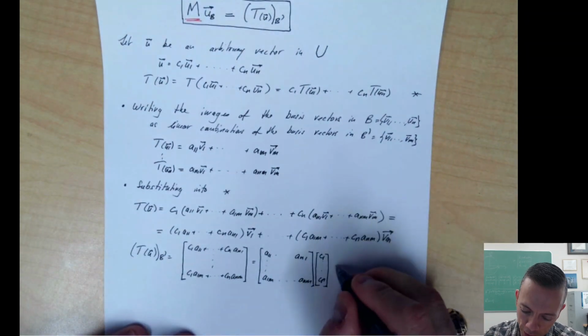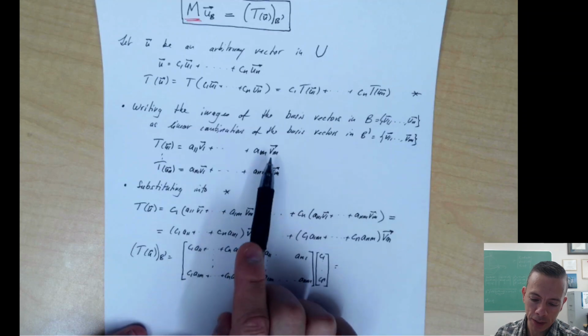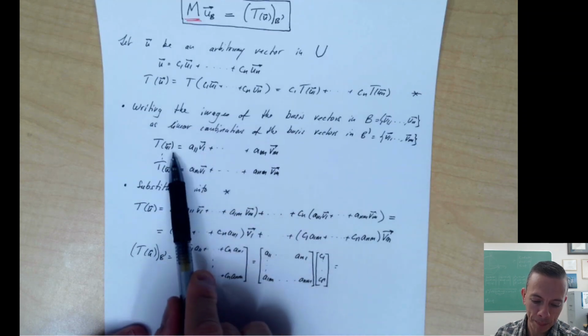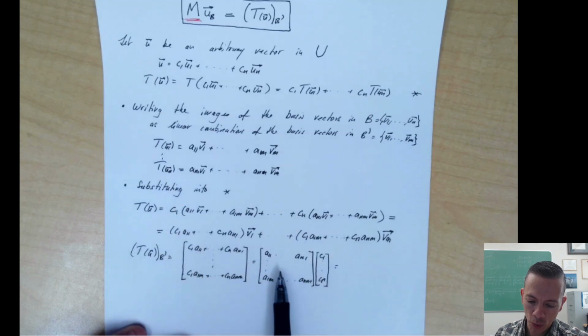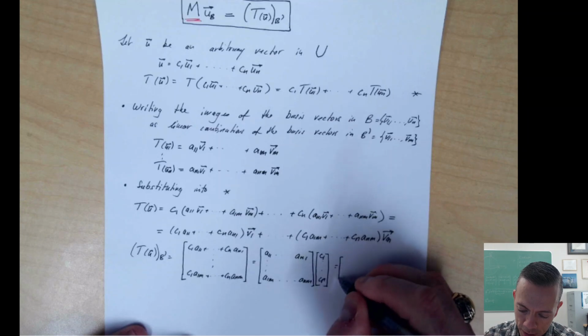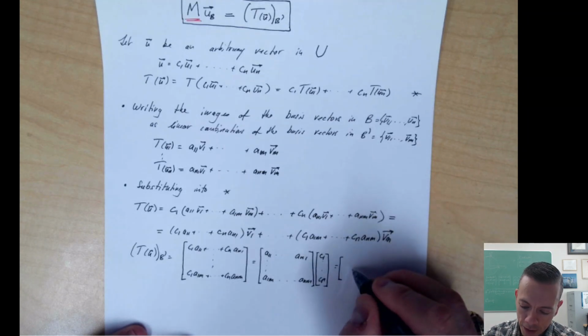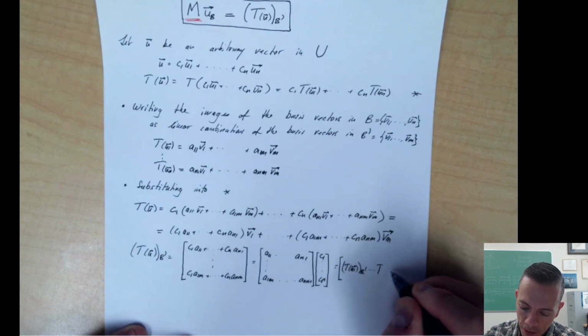So if we observe, what we have here is a matrix whose columns are the coordinate vectors of the images of the basis vectors in B relative to the basis vectors in B prime. So you can write this column by column, where each column is going to be T(u1) relative to B prime, all the way to T(un) relative to B prime.